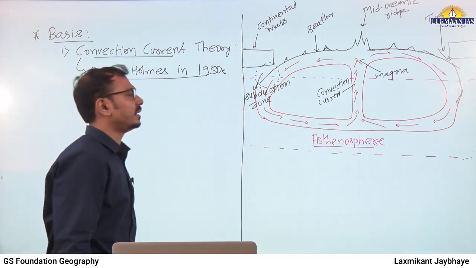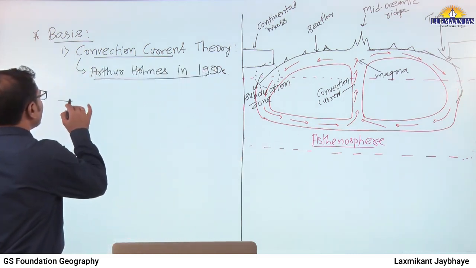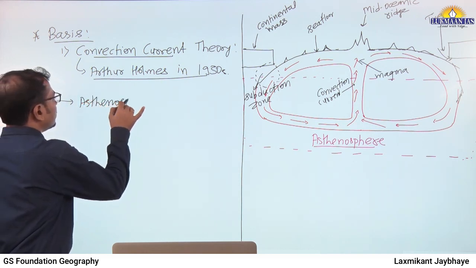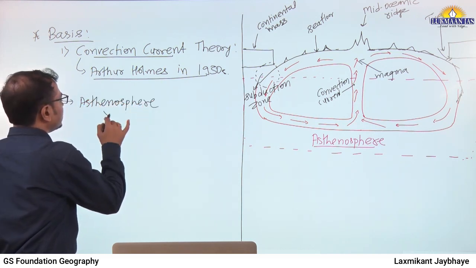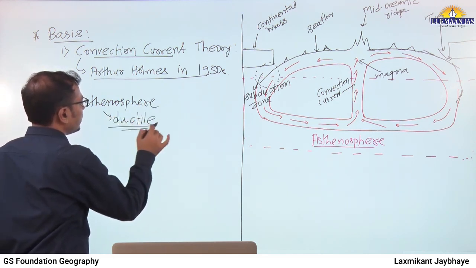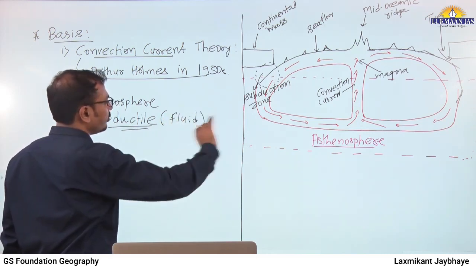As we are saying, the asthenosphere is the ductile zone, ductile, or we can say fluid, moving part.